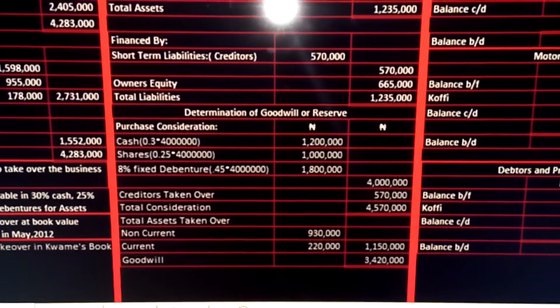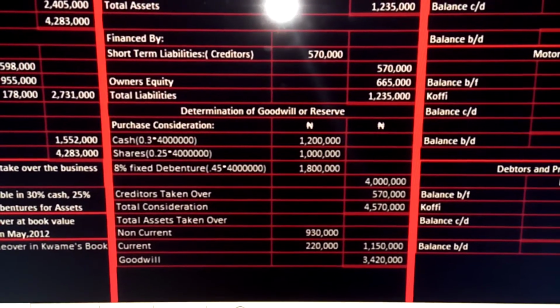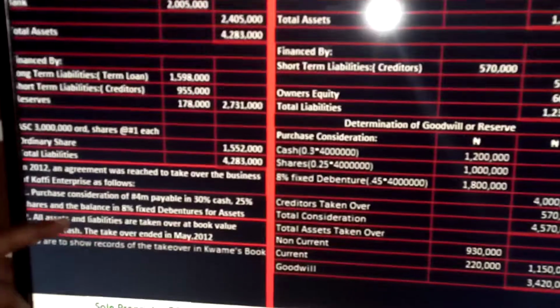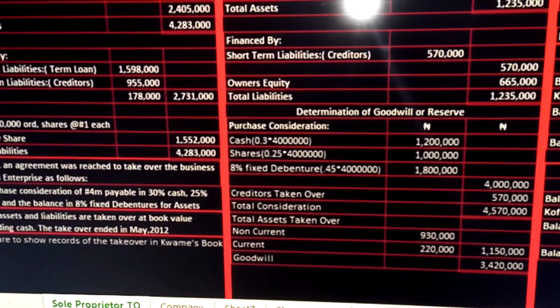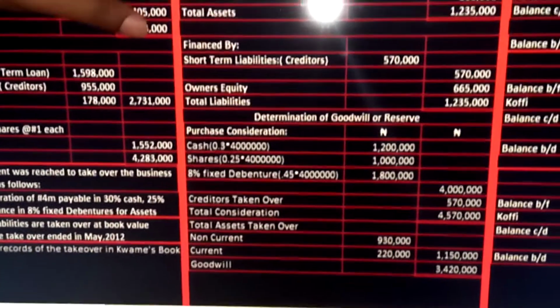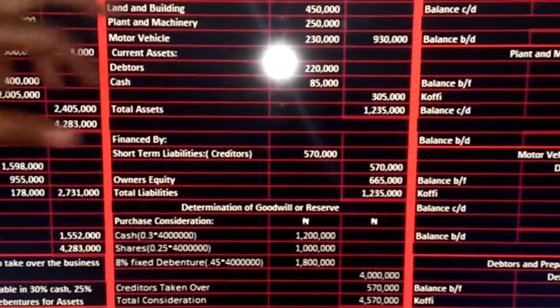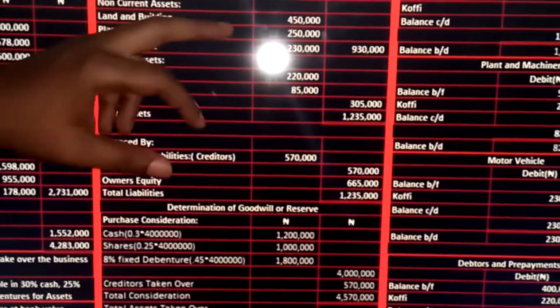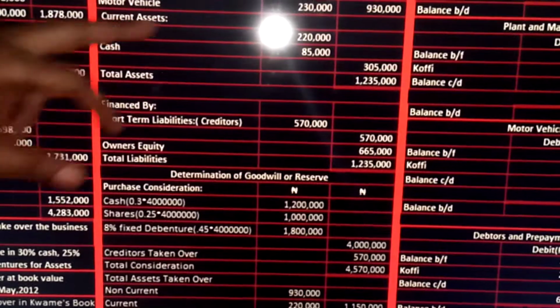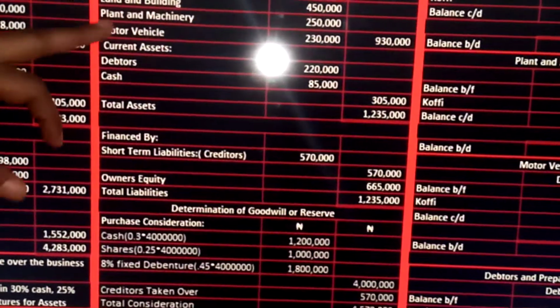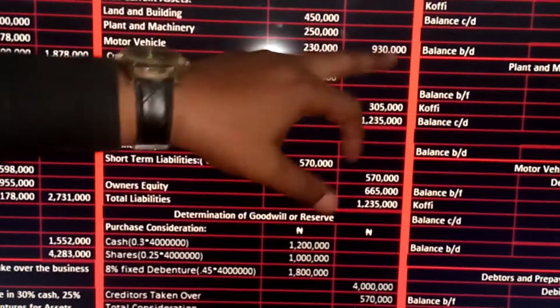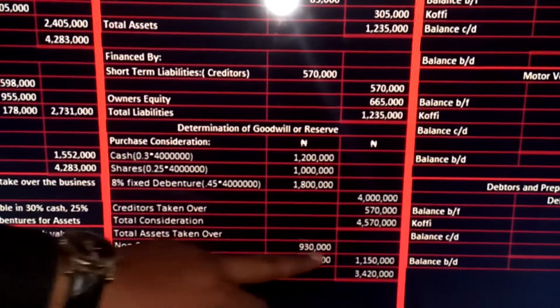So what are the assets taken over? The question said that all assets and liabilities are taken over at the book value, excluding cash. That means Kwame took over land and building, plant and machinery, motor vehicle, debtors, but did not take over cash. So land, plant and motor vehicle give us 930,000. That is the non-current asset you're taking here.